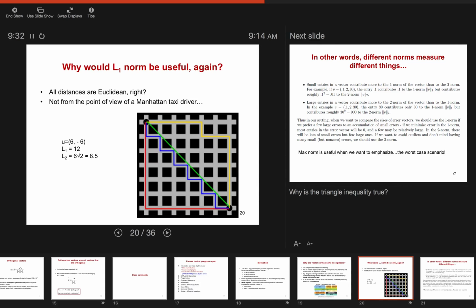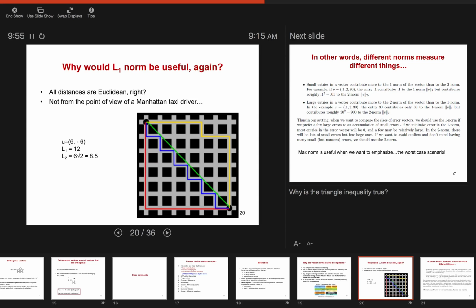So the distance between this point and this point, the Euclidean distance is green, right? What's an actual distance? That's how I've got to go around buildings to get there. So my actual distance is the L1 norm.